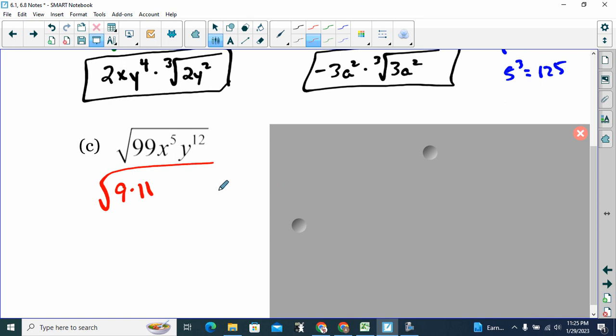Nine's a perfect square. 5 divided by 2 does not come out even, but 4 divided by 2 does. So I'm going to split that up into x to the 4th times x to the 1st. 12 divided by 2 comes out even, so I'm going to leave the y to the 12th alone.